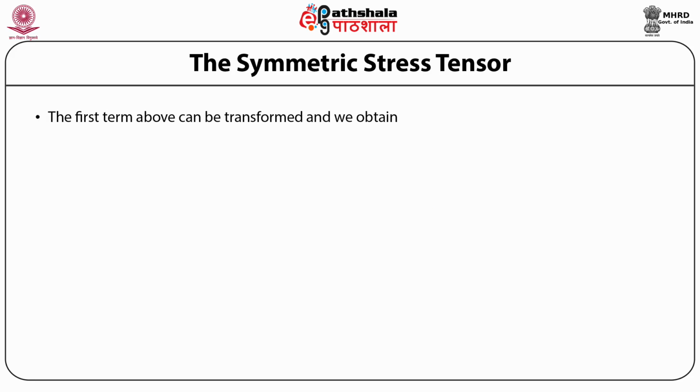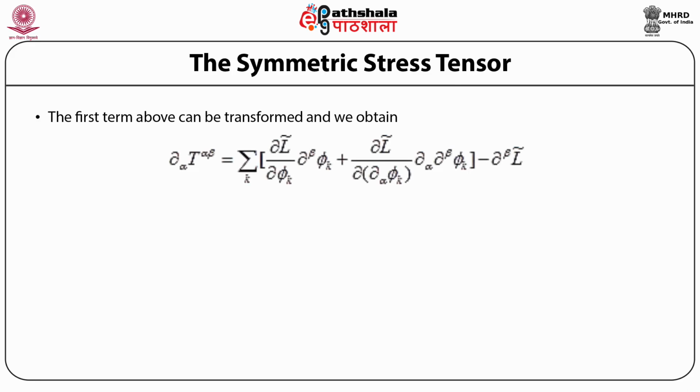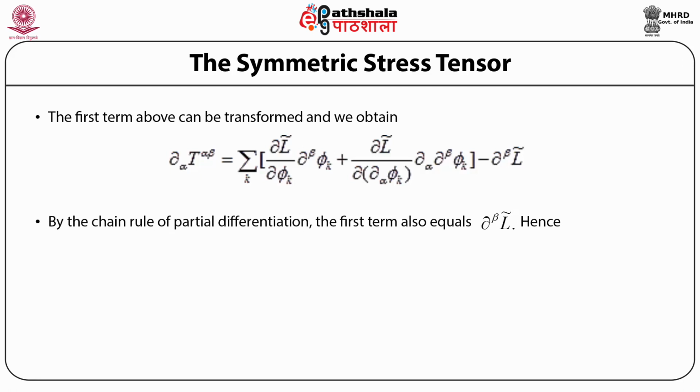The first term above can be transformed and we obtain ∂_α T^{αβ} = Σ_k [∂L/∂φ_k ∂^β φ_k + ∂L/∂(∂_α φ_k) ∂_α ∂^β φ_k] − ∂^β L. By the chain rule of partial differentiation, the first term also equals ∂^β L, and hence ∂_α T^{αβ} = 0.